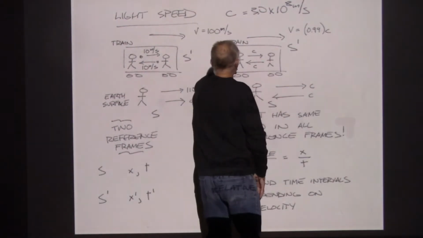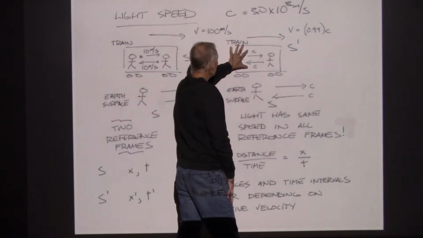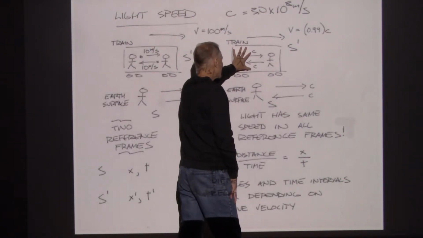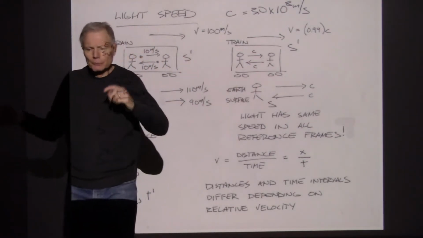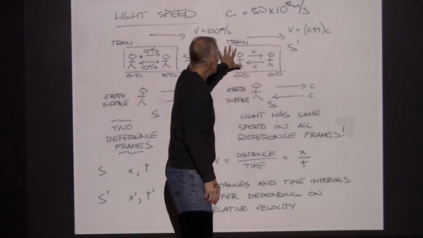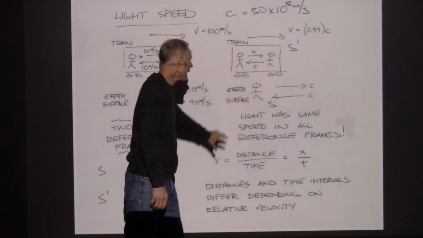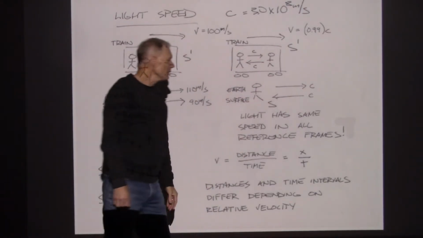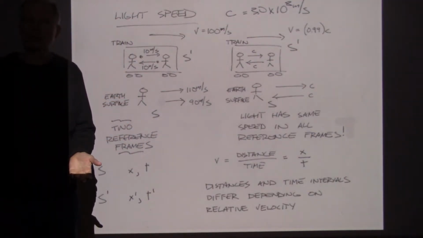So anyway, the observers on the train measuring the light are going to see it traveling at c. Now, what electromagnetic formulas from Maxwell's equations predict is that not only will these observers, but these observers too, always see the light traveling at c. How is that possible? Let's think about what we mean when we say something is traveling at a particular velocity.